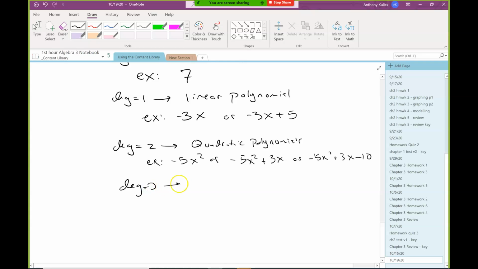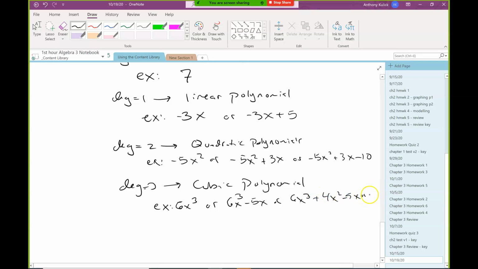If the degree is 3, we call that a cubic polynomial. So for example, you could have 6x cubed, or 6x cubed minus 5x, or 6x cubed plus 4x squared minus 5x, yada, yada, yada.